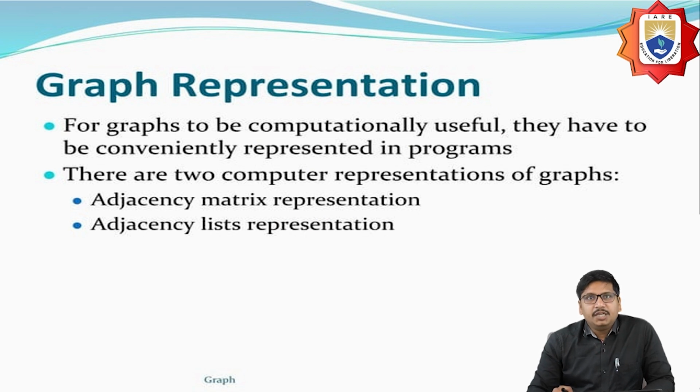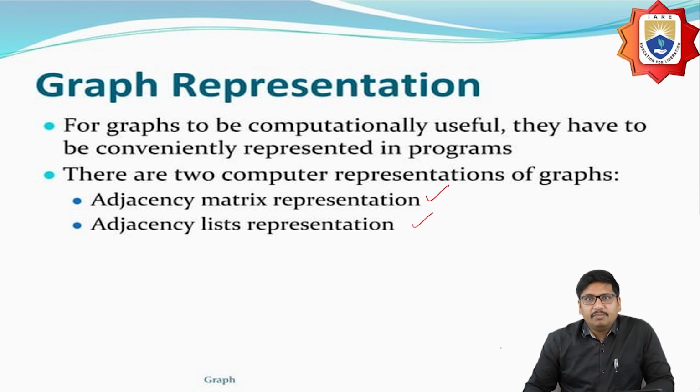And graph representation. For graphs, we want representations that are computationally useful and more convenient to present in programs. The two computer representations of graphs are the adjacency matrix representation and the adjacency list representation.